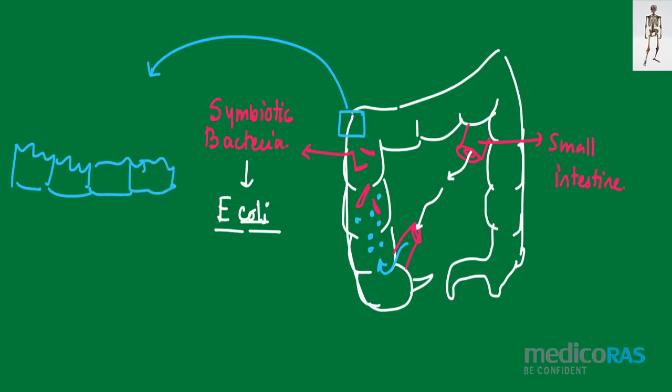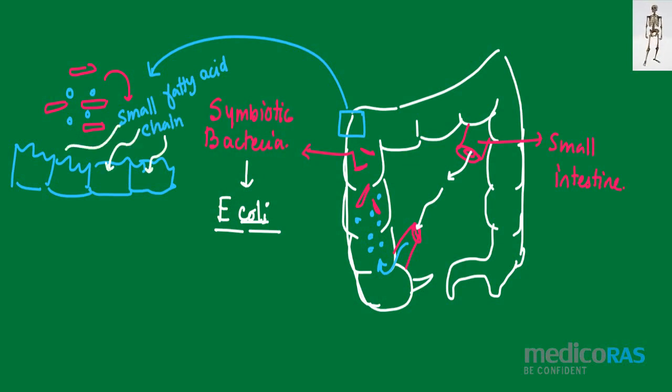And if inside the colon we have resistant starch along with some bacteria, then those bacteria can digest this resistant starch and convert it into small fatty acid chains. These fatty acid chains again can be absorbed by the large intestine, which is useful for the human being. In this way, in the large intestine, the digestion of carbohydrate completes.